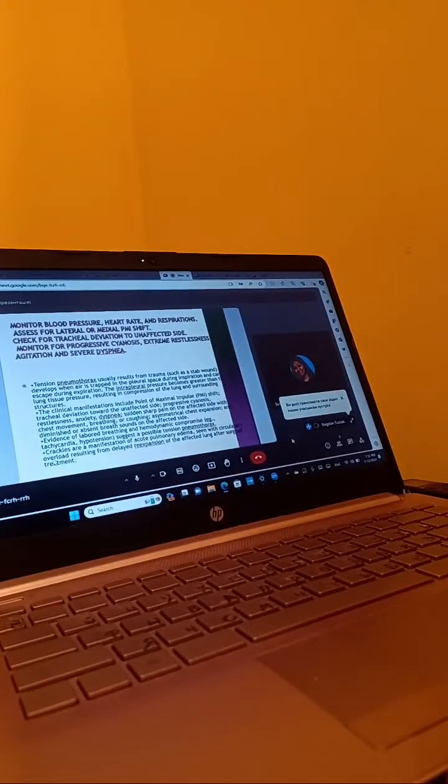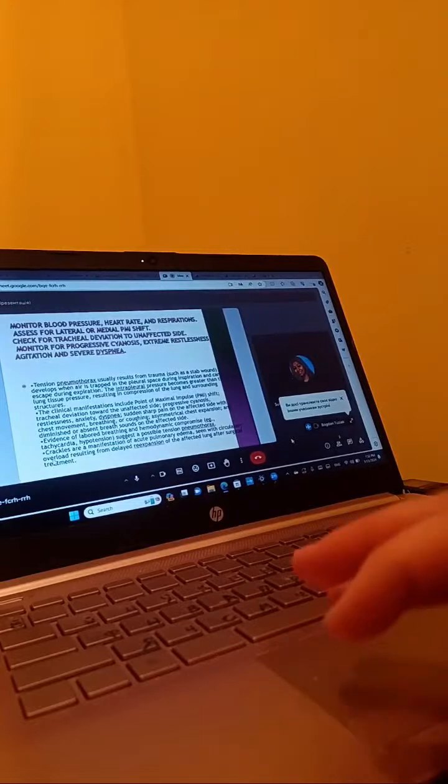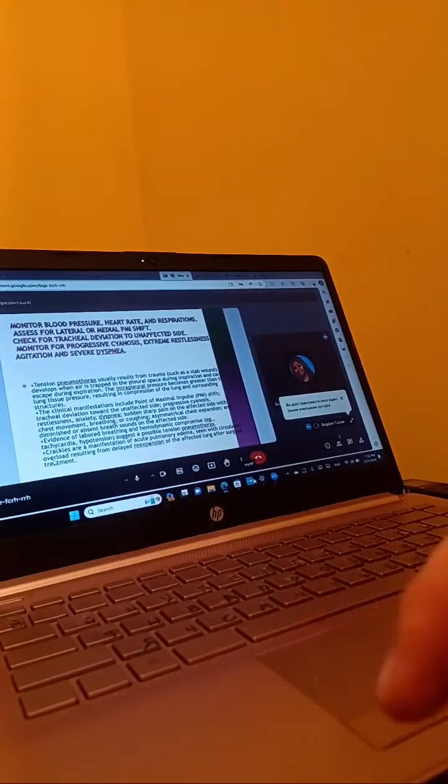Crackles are a manifestation of acute pulmonary edema seen with circulatory overload resulting from delayed re-expansion of the affected lung after surgical treatment. Okay, that's clear.